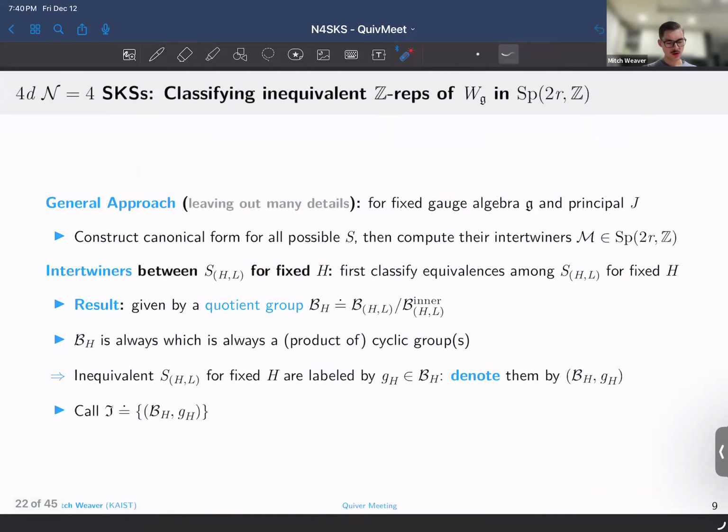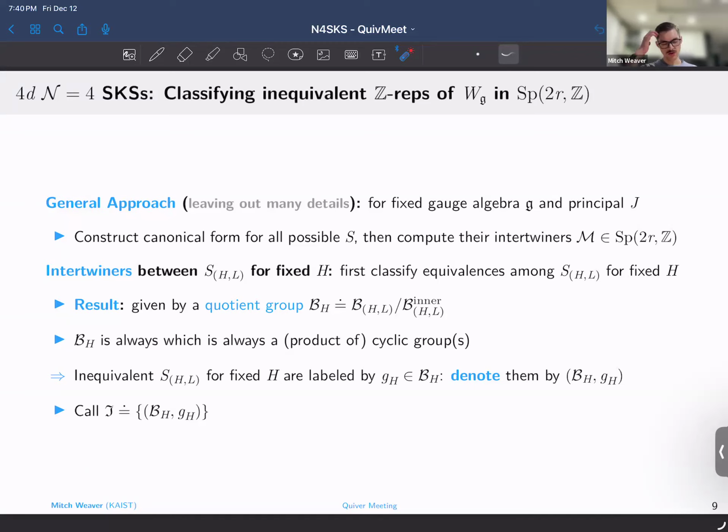Okay, so the next thing is the intertwiners. The first thing we did was figure out what the intertwiners are between these Z-reps taking the canonical form where H is fixed, so the subgroup of the center of the Lie algebra is fixed.